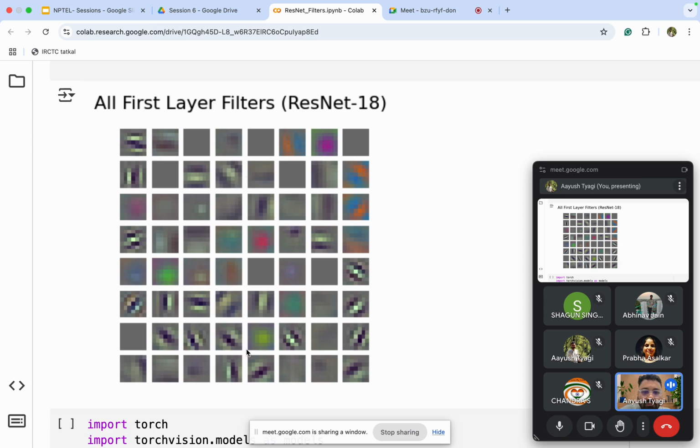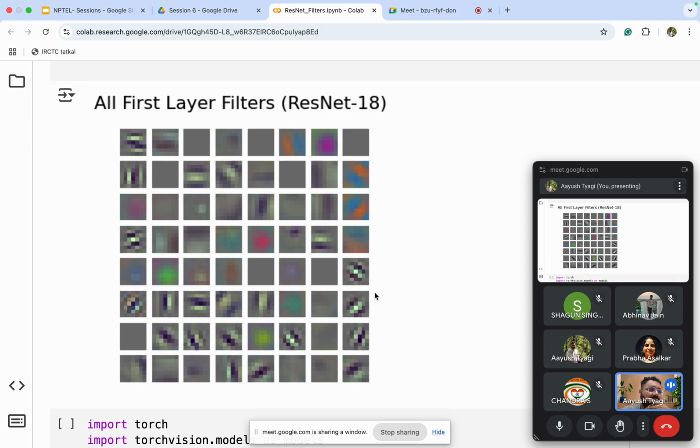These are the features for ResNet. You can also visualize this when you train any CNN based architecture: visualize what these layers are learning, and you'll be surprised to see what kind of initial features these layers are learning.